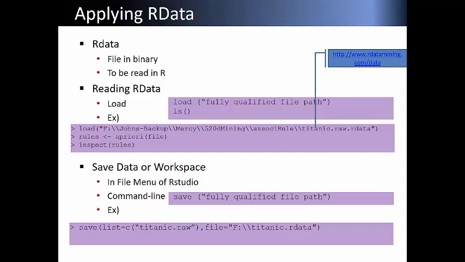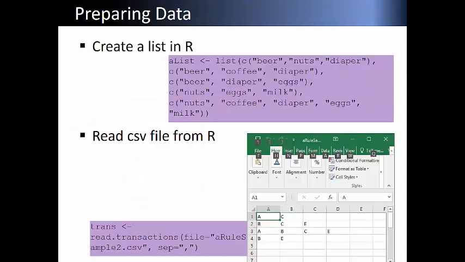If it is not, this is how to read and how to save. If it is not, then there are many ways that you could do, right? Here, James, you can try this. Read the transactions, read dot transactions, file equal the file name.